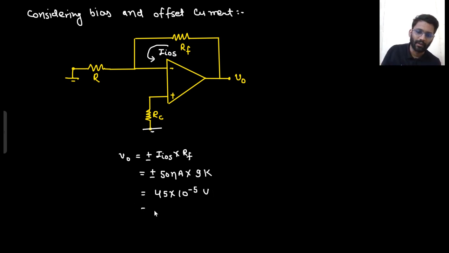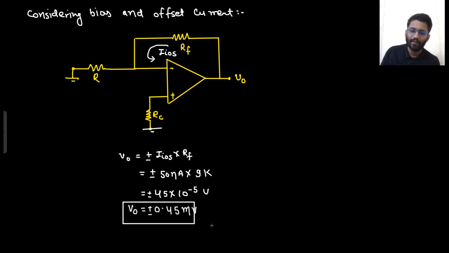Volt, or you can write 0.45 millivolt. This is your VO and plus minus sign is there. So what is the output voltage you are getting? This I am calling VO3.